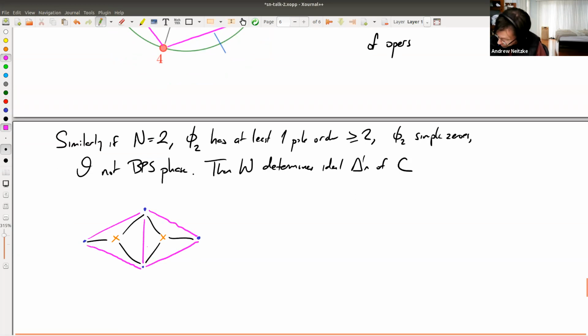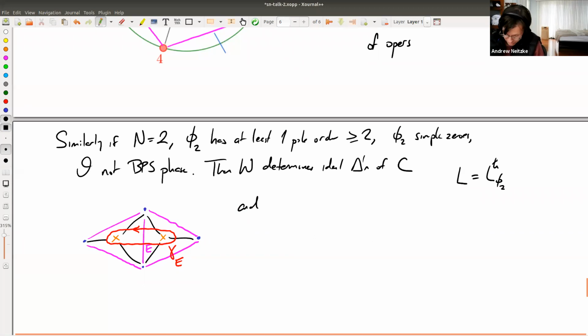And then for each edge of the triangulation, there's a corresponding cycle on the spectral curve, which looks like this, which I'll call gamma E. So then the statement is, we have a local system built from this quadratic differential.